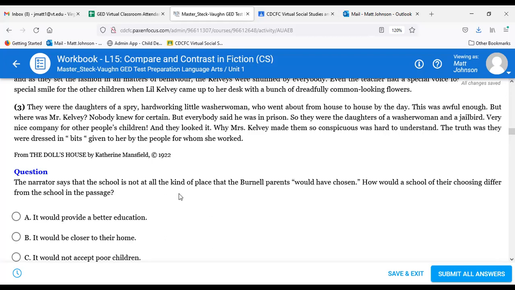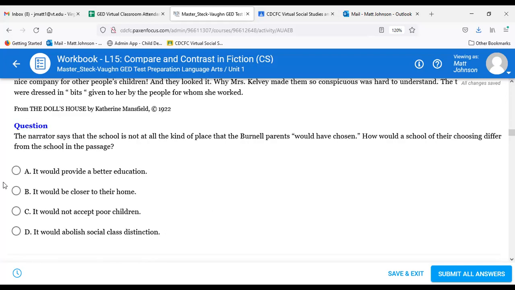How would a school of their choosing differ from the school in the passage? A. It would provide a better education. B. It would be closer to their home. C. It would not accept poor children. D. It would abolish social class distinction.